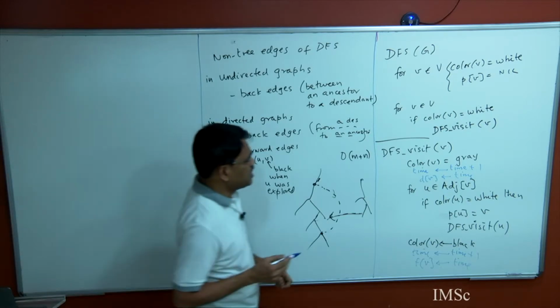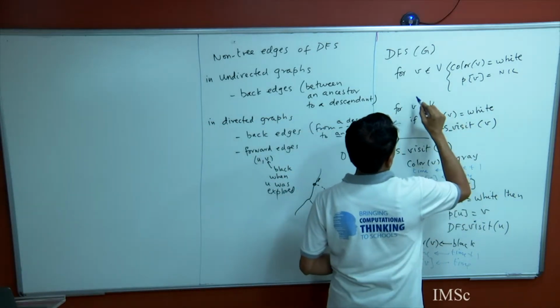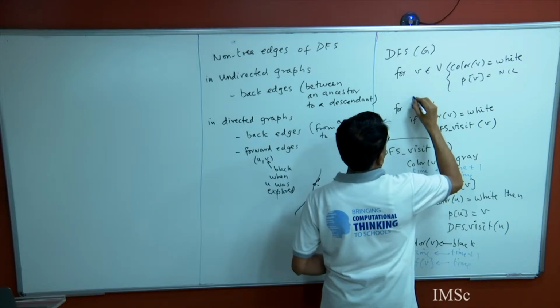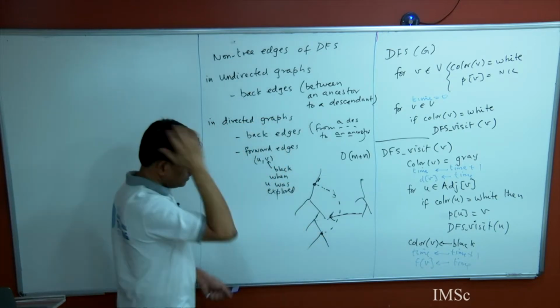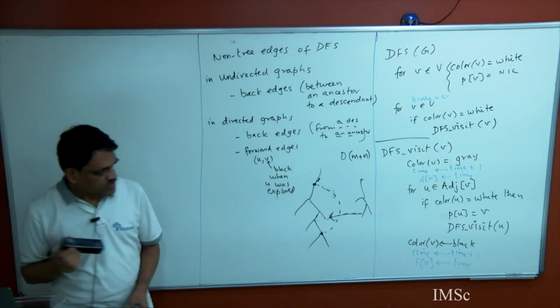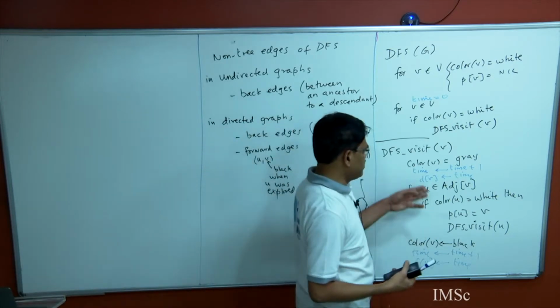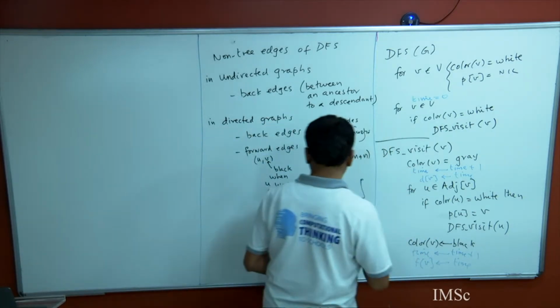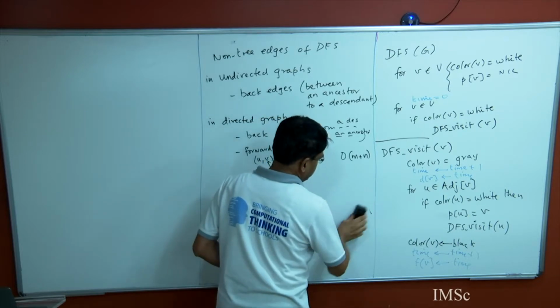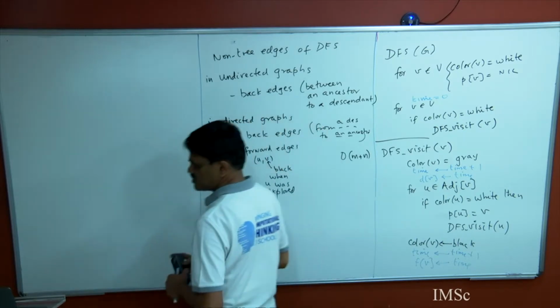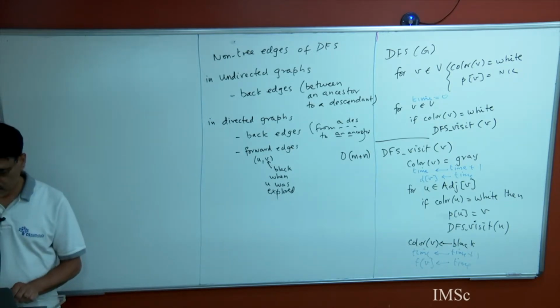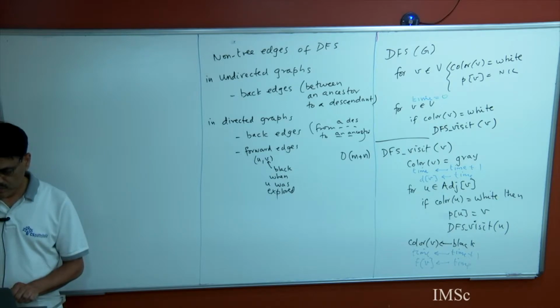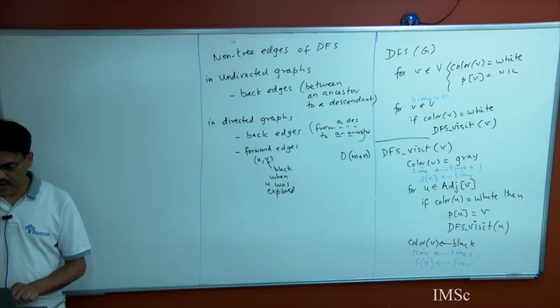Here you initialize time to 0. These two quantities, the discover time and finish time, along with the parent pointer, are all useful. Let's understand some properties of the discover time and finish time. Let's do an example, and then we'll get to computing cut vertices.